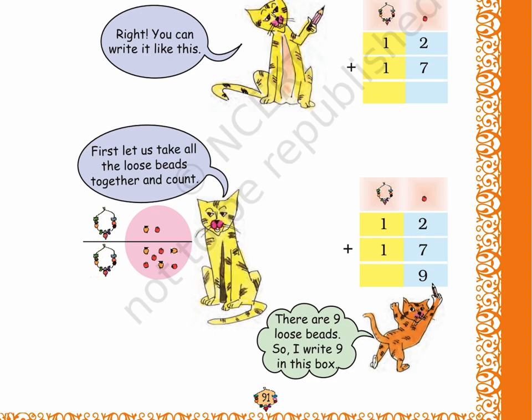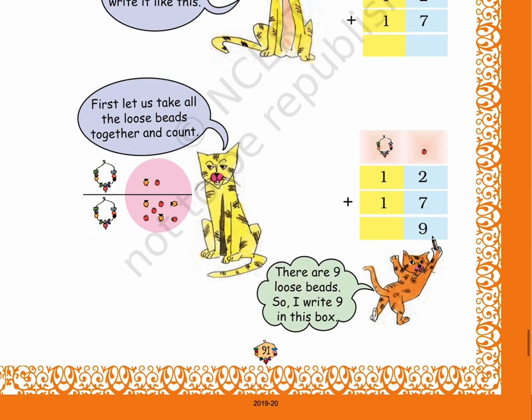In picture 4, Cat 1 is holding a pencil and is writing number 9 in the answer space below single bead, indicating unit, of the table in picture 2. Cat 1 is saying, there are 9 loose beads, so I write 9 in this blue box.